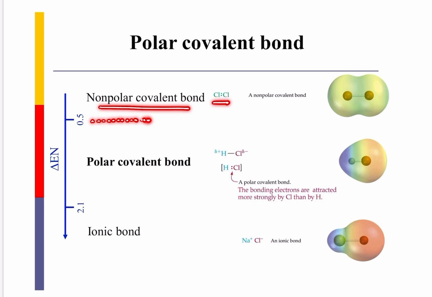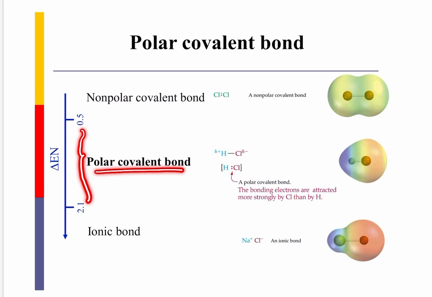But if the difference of electronegativity is between 0.5 and 2.1, the bond is a polar covalent bond, because the atom with higher electronegativity will be partial negative and the less electronegative atom will be partial positive, since the high electronegativity atom attracts electrons, and the electrons are mainly found around it.